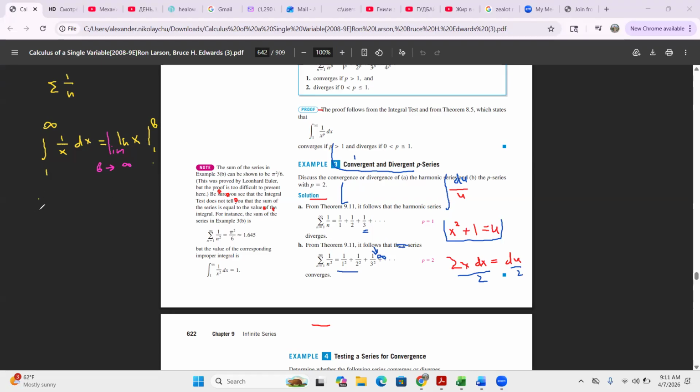So we end up taking that limit with the upper and lower limits. The fundamental theorem of calculus says that you take ln of the upper, which is b, minus the lower, which is ln 1, and when b approaches infinity, we have infinity.